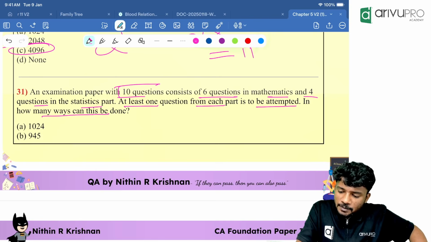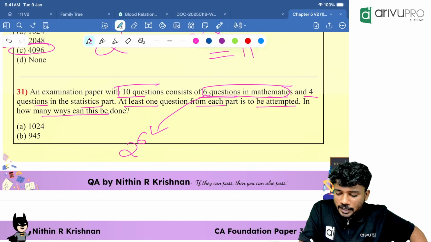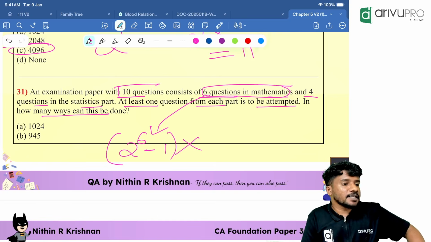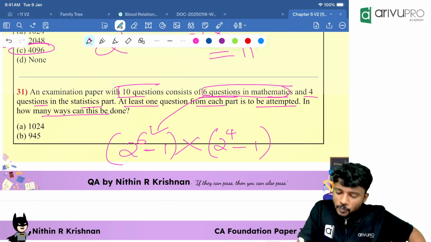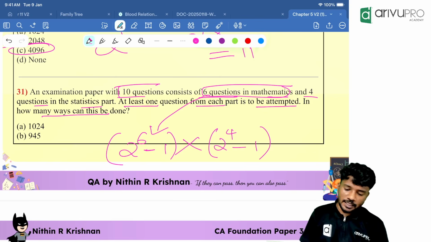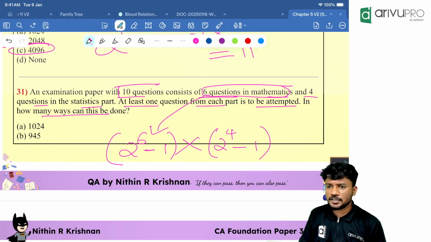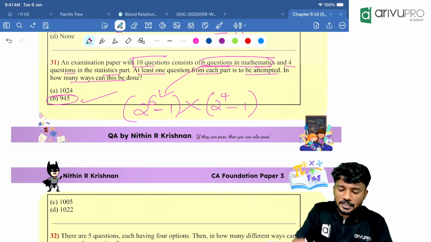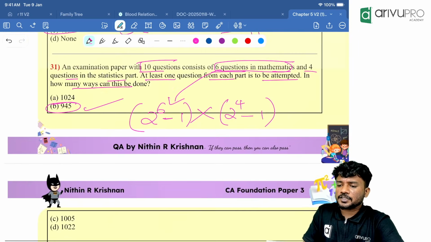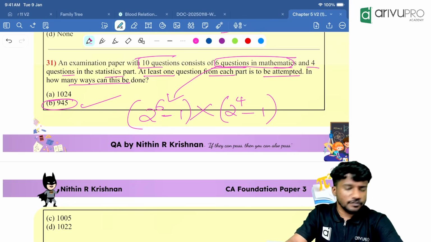From the maths part, the answer will be 2 power 6 minus 1, and multiplication into 2 power 4 minus 1 for the stats part. 2 power 6 is 64, 64 minus 1 is 63, into 15. How much is the answer, people? 945.